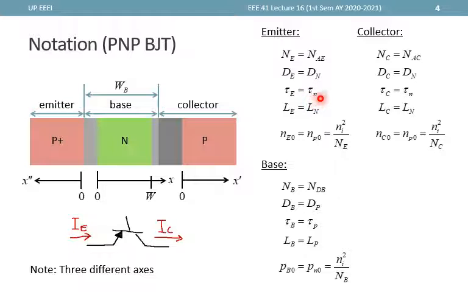It corresponds to the electrons for the emitter. LE is the minority diffusion length of electrons at the emitter. And NE naught is some NP naught, since the emitter is a p-type. So when we say NE naught, this is simply Ni squared over Ne.